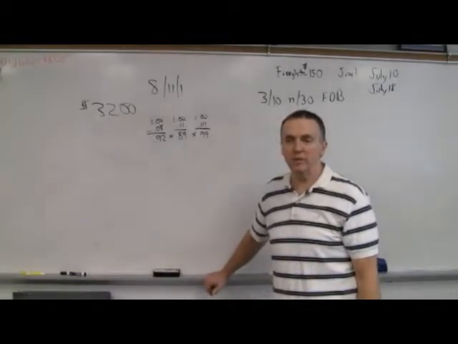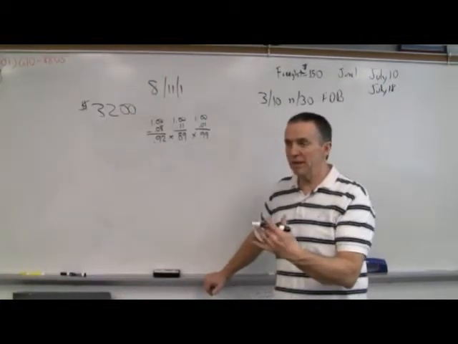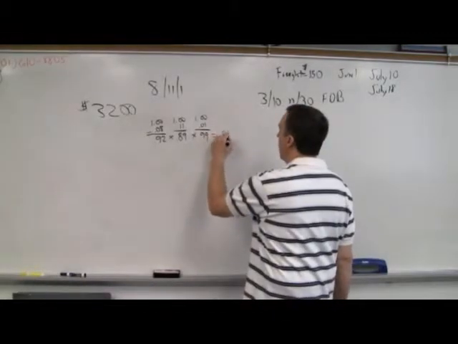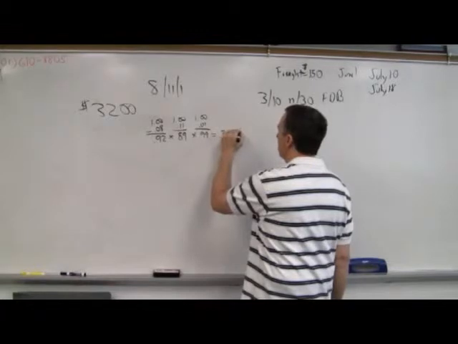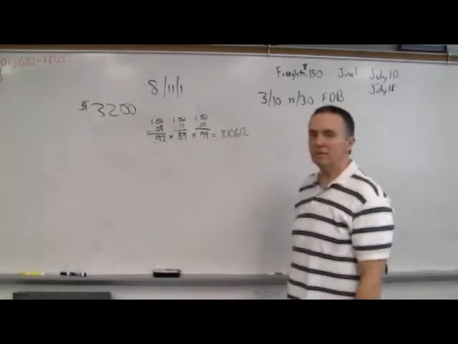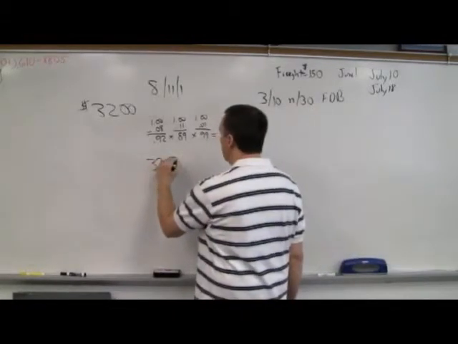What is the net price equivalent? Come on, calculator people. 0.810612. Yes, 0.810612. So the retail price is $3,200.